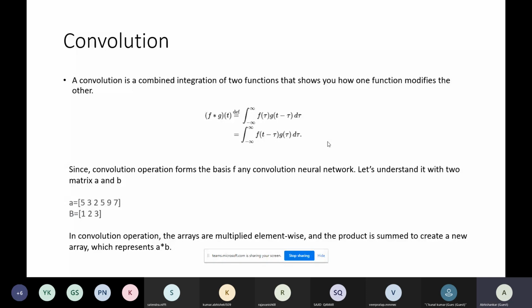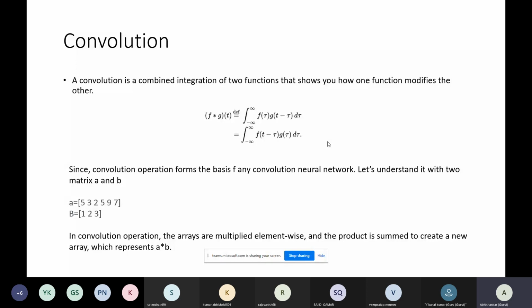If you have not understood this function, no worry. We'll take an example and try to understand. Basically, it is an element-wise matrix operation. F and G are two matrices, and we have to do some element-wise operation.